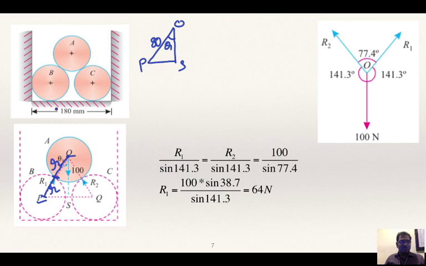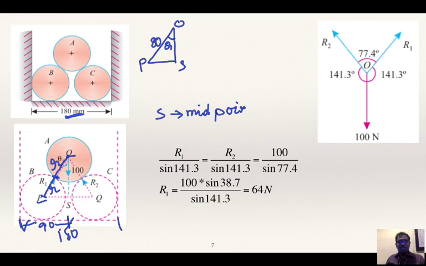This is given to us: 180 mm. From this point to this point the distance is 180 mm, so from this point to this point it is going to be 90 mm for sure. The reason is that S is the midpoint.